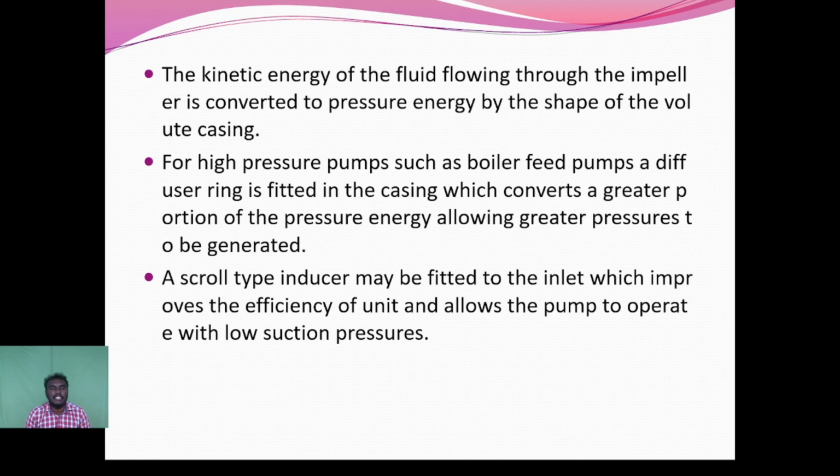For high pressure pumps such as the boiler feed pump, a diffuser ring is fitted into the casing, which converts the greater portion of the kinetic energy to pressure energy, allowing greater pressure at the discharge. A scroll type inducer may be fitted to the inlet, which improves the efficiency of the unit and allows the pump to operate with low suction pressures.